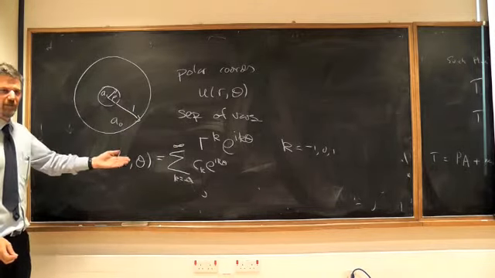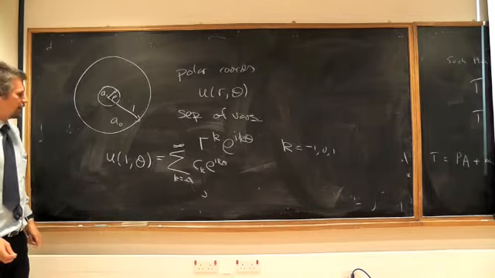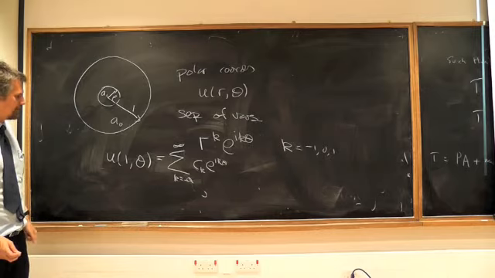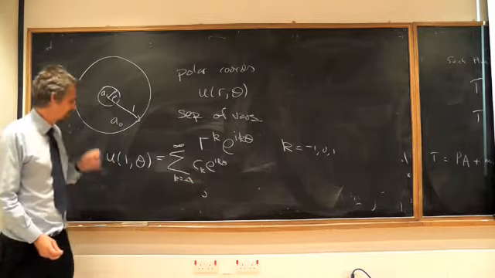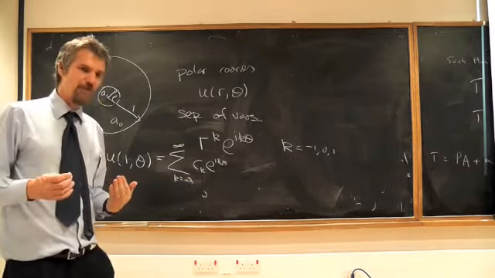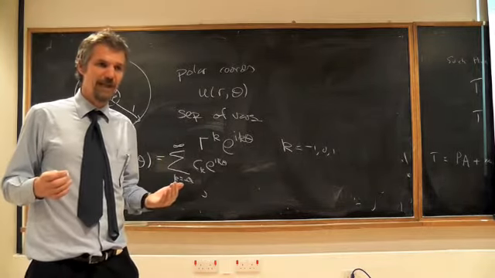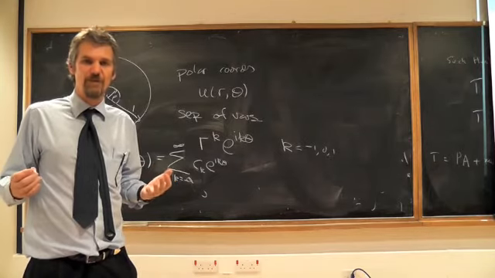I could do a real Fourier series, but then I have to write more. I have to write a_k's and b_k's, right? And of course it's periodic with period 2 pi, so I can do that. So that's any voltage that we care to put in that has a Fourier series. And then what I want to do is to say, if I put in that voltage, what current would I get?